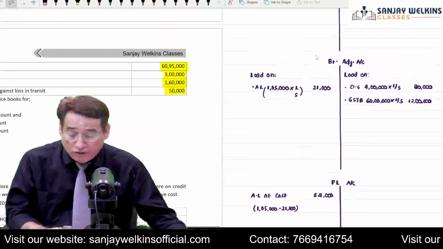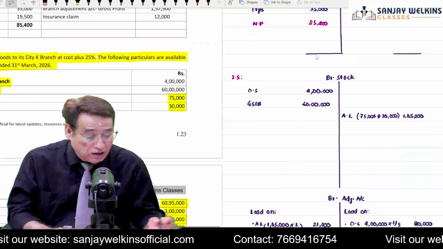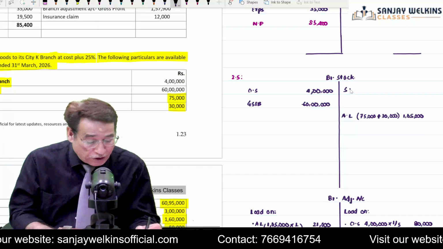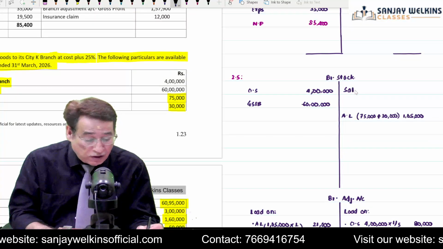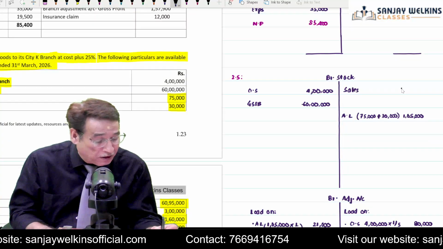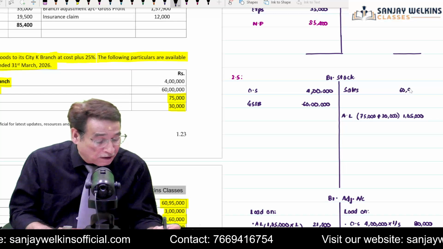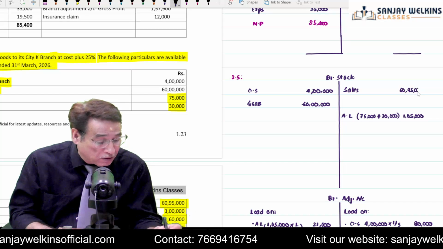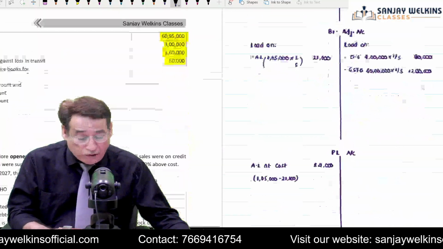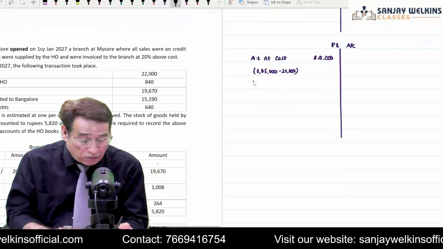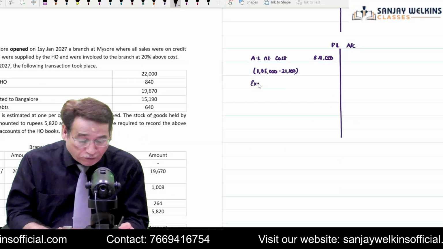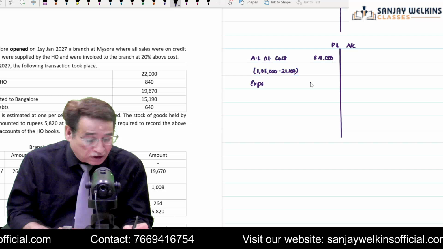Then we have been given sales. In the branch stock account we shall write sales, and the amount of sales given to us is 60,95,000. So 60,95,000 you are going to write over here. And then we are given expenses. Expenses will be put on the debit side of the profit and loss account. So here we shall write 3 lakhs.